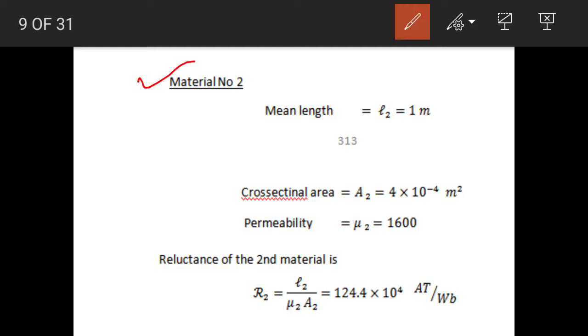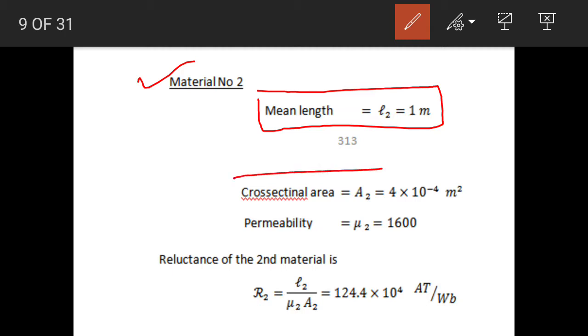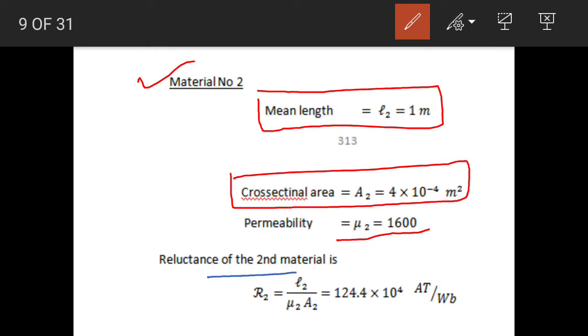The mean length of this material is represented by L2, which is 1 meter. The cross-sectional area of this material number 2 is 4 into 10 raised to power minus 4 square meter, and the permeability of this material is 1600. So we calculate the reluctance of the second material of this series magnetic circuit with the help of this equation.